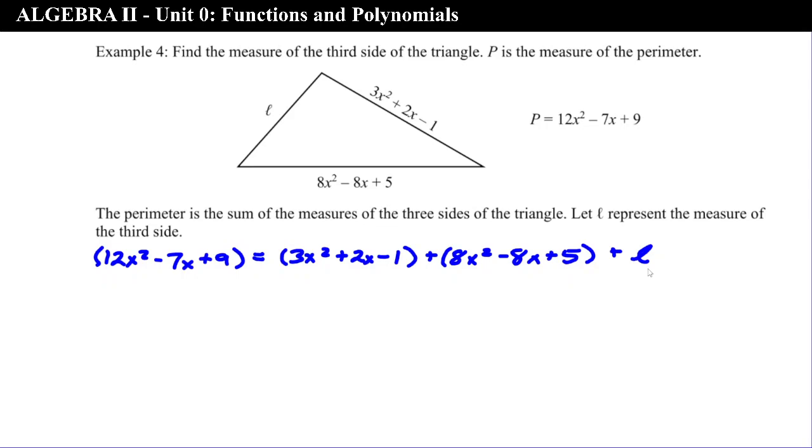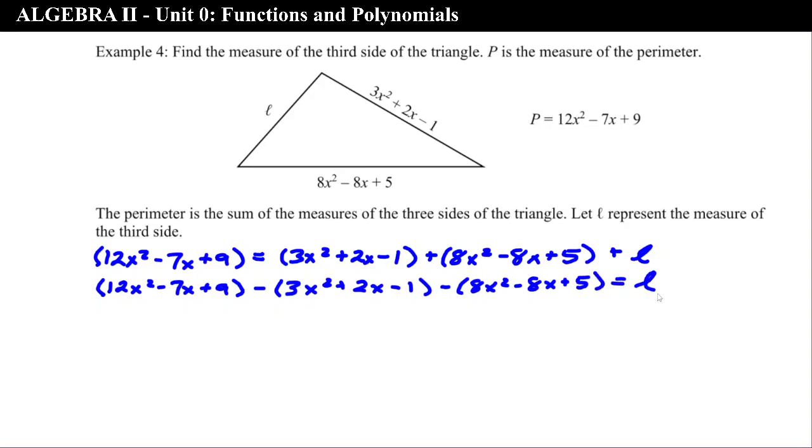Okay, so now that we have set it up, we want to get L by itself. And the way we do that is we're going to subtract the two sides in polynomial form from each side to get L by itself. So when we do that, we end up with 12x squared minus 7x plus 9, that's our perimeter, and we're going to subtract the other two sides, 3x squared plus 2x minus 1, and 8x squared minus 8x plus 5.